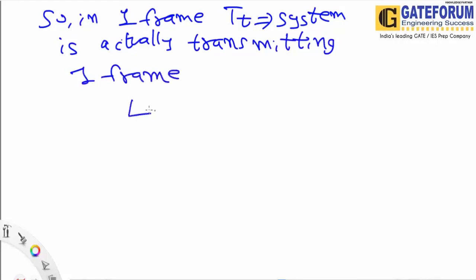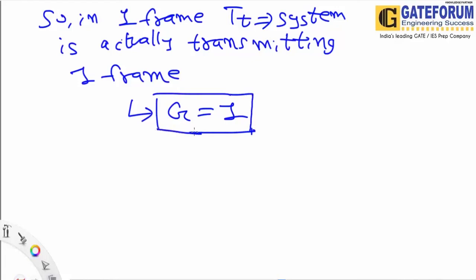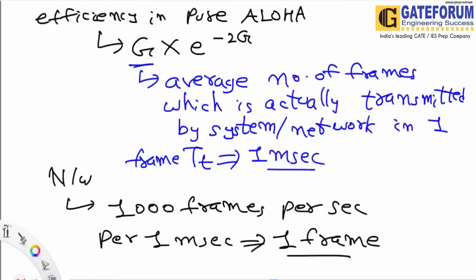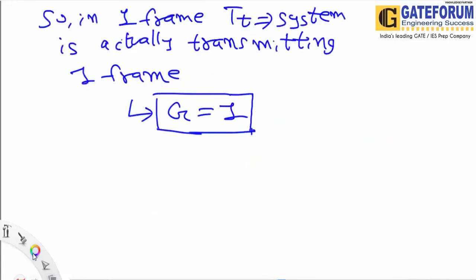This means that the value of G is equal to 1. Let's say if they were transmitting two frames in one frame transmission time, then the value of G would be 2. But here, per one frame transmission time, we are sending one frame. So the value of G is basically 1 here.